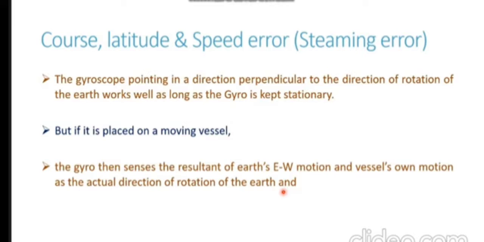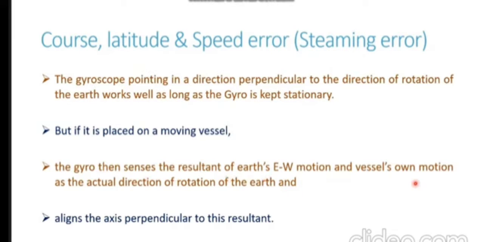Now the gyro senses the motion of this resultant and the gyro aligns itself to the resultant. So the gyro senses the resultant of the Earth's east-west motion and the vessel's own motion as the actual direction of rotation.